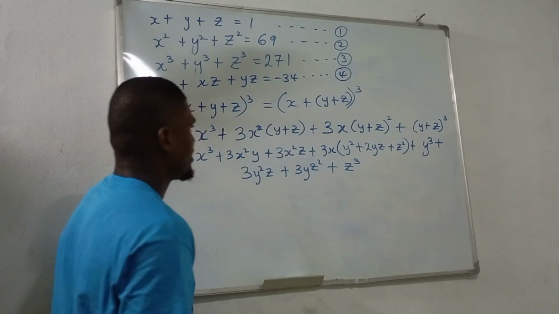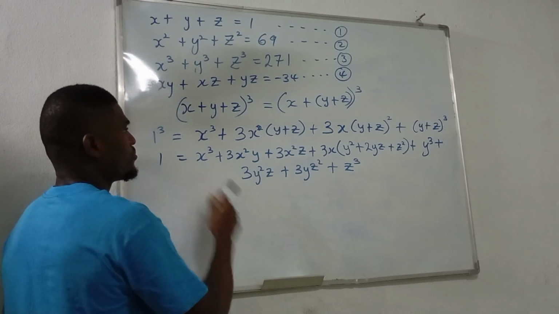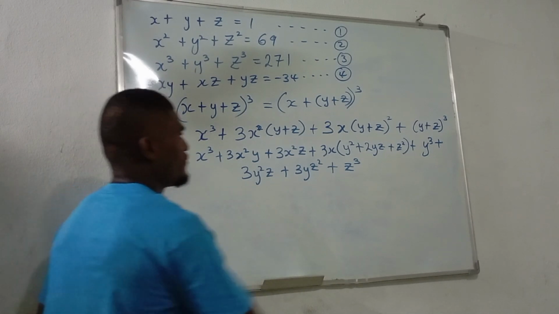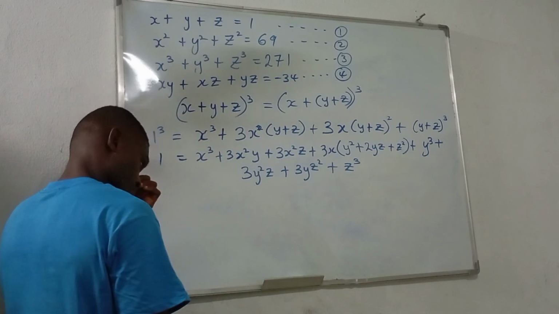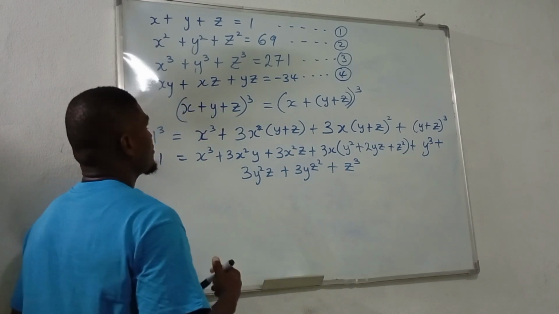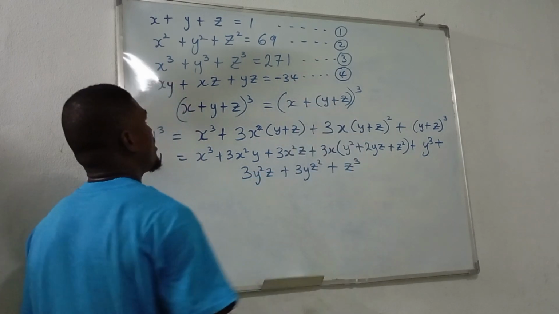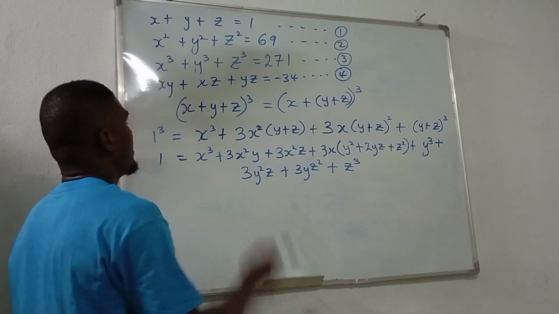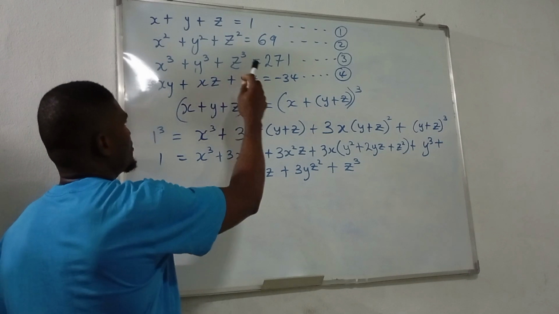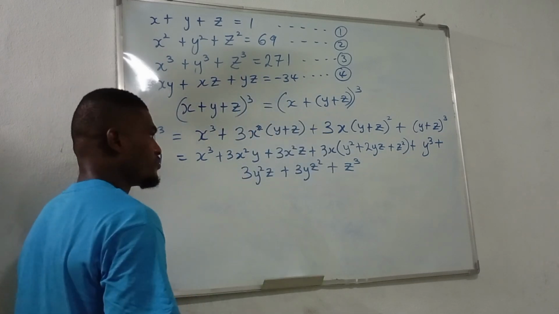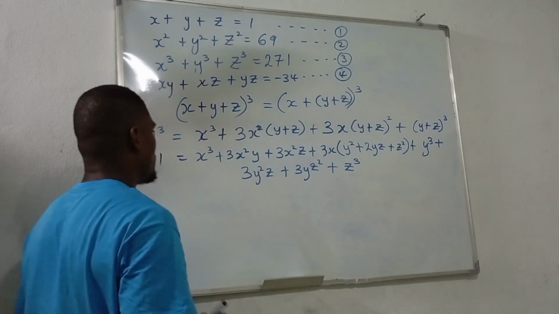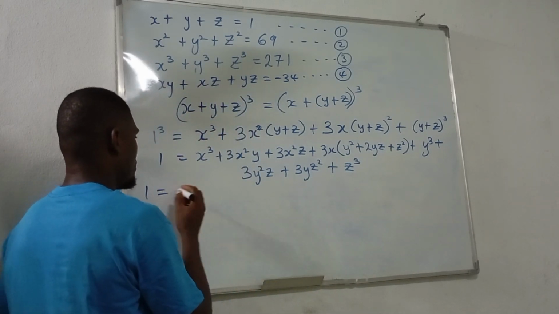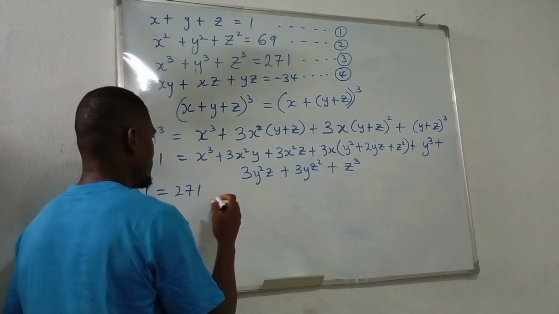Now, at the end of the day, we have x cubed here, y cubed here, z cubed here, and that's the same thing as equation 3. And x cubed plus y cubed plus z cubed is equal to 271. So this plus this will give us 271. So on this side we have 1 equals 271.